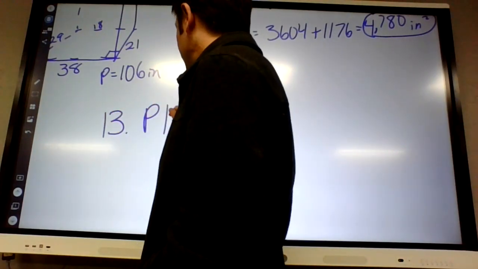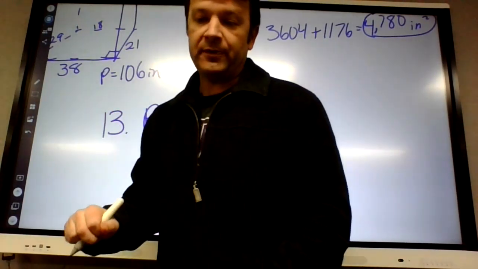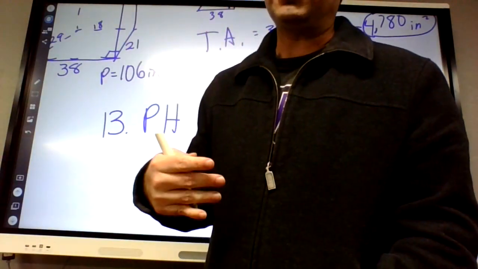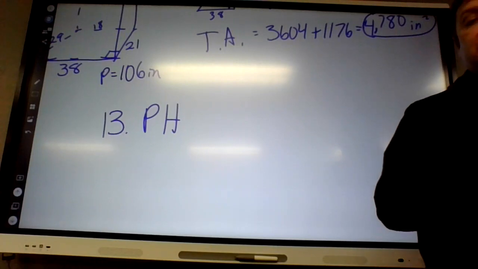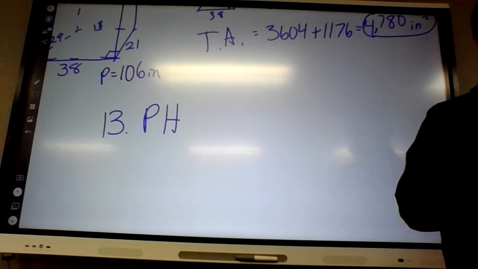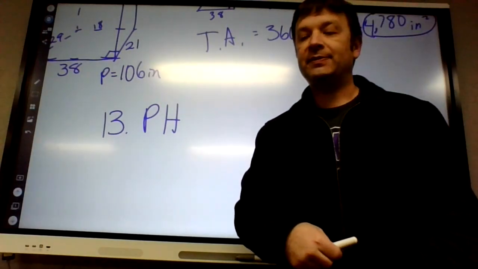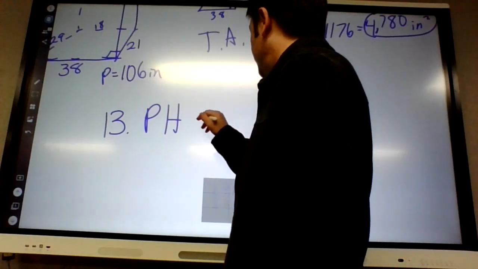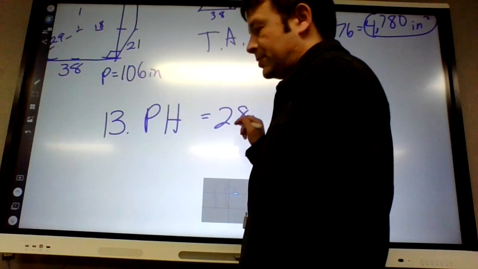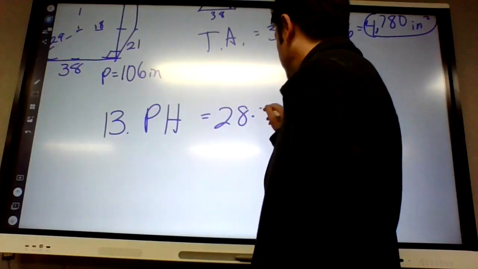Perimeter times height. It said a square shaft, so what will the perimeter of the square be? 7 times 4. 7, 7, 7, 7. So it's 28 for the perimeter, and the height of the shaft is 31.